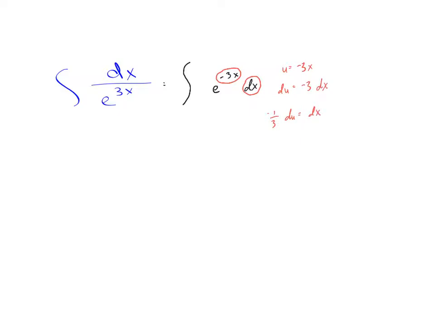And now I'm good to make my substitutions. Negative 1/3 e to the u du, which is negative 1/3 e to the negative 3x plus c. Okay, cool.